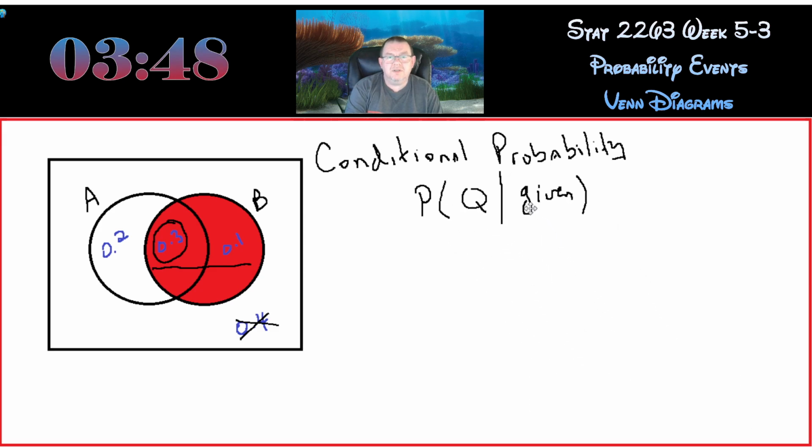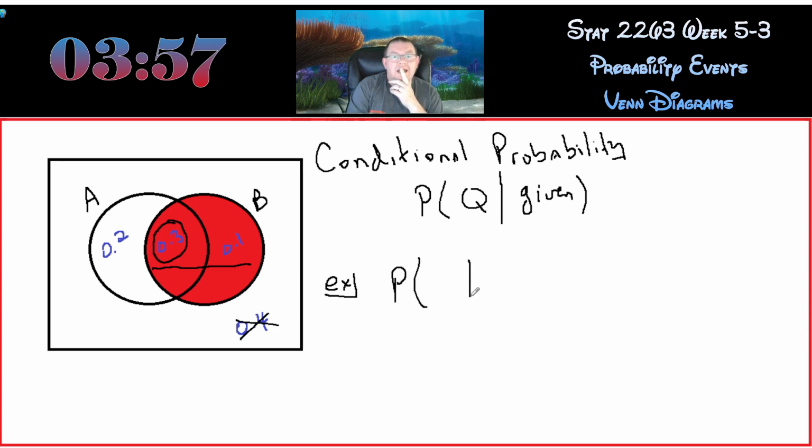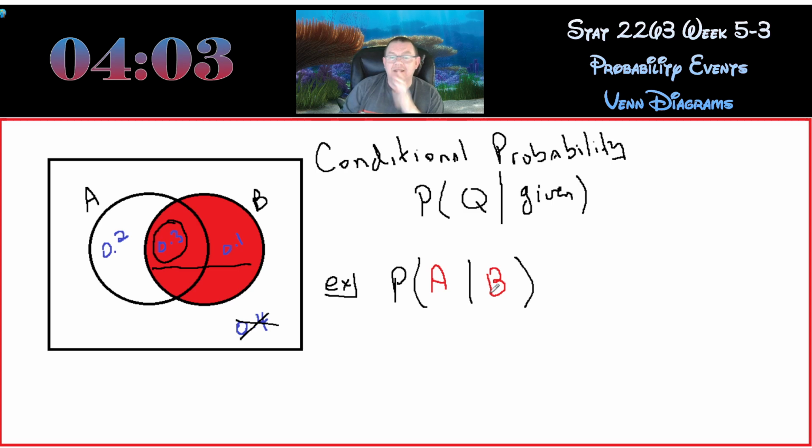I use Paint because I think it's pretty easy to manipulate. So in our example that we just did, we asked for the probability that A will happen given that B happens. So the big thing here is the question says, what's the chances of A? So A is the question. Don't mix up these two. Don't write B given A. It's a very different thing if we do B given A.